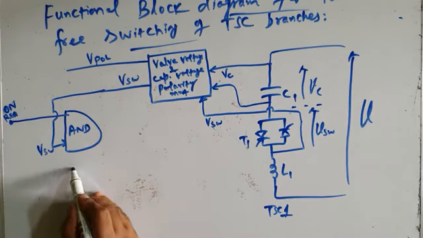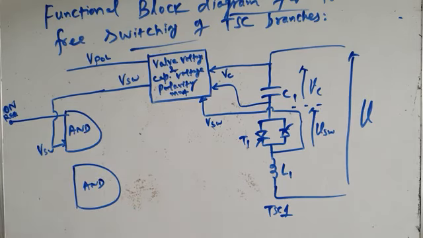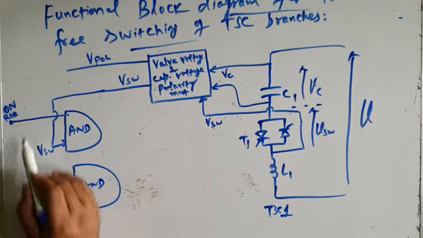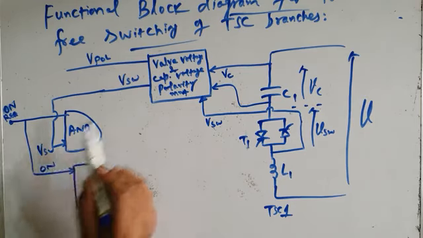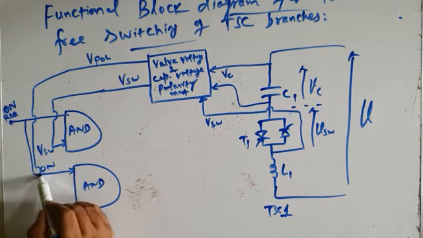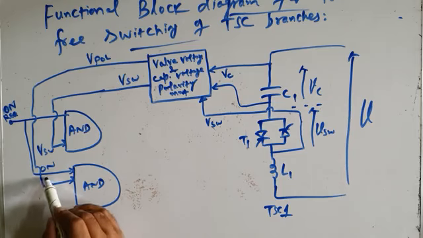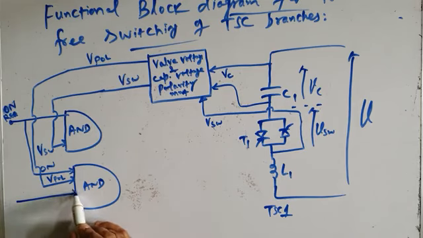Okay, I have another AND gate here. This is another AND gate, and to this AND gate, the first signal is again the same, that is on request. The second signal is this VPOL, voltage polarity, and the third signal, which comes externally, is the PT signal.